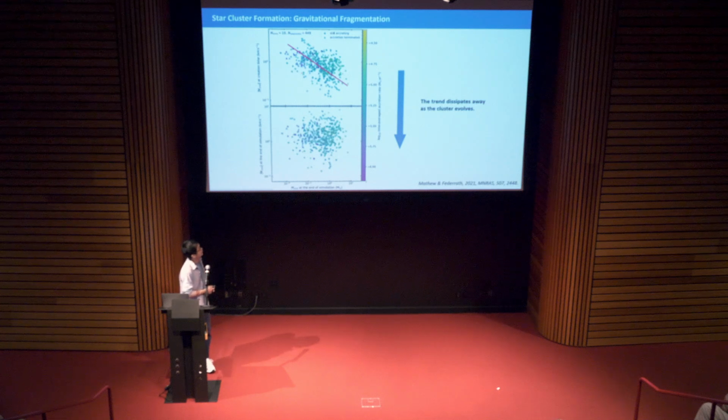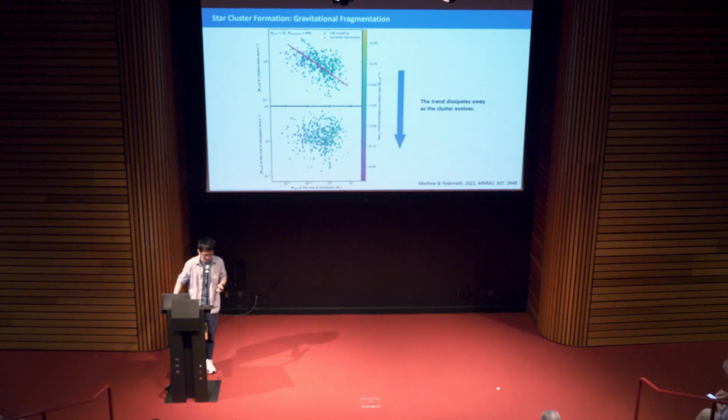In the bottom, this simulation lasts for about 0.9 relaxation time scale of the cluster, and this trend then disappears. So it is important for us to observe a cluster that has not relaxed yet in order to see this trend, which I will talk more about in the case of the ONC later.